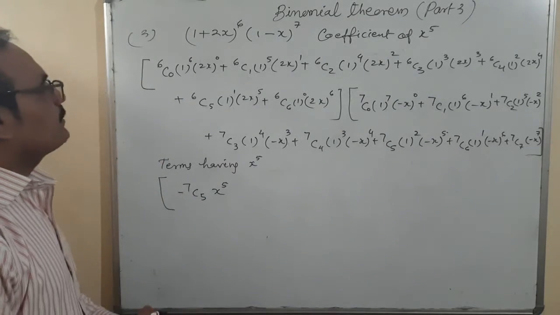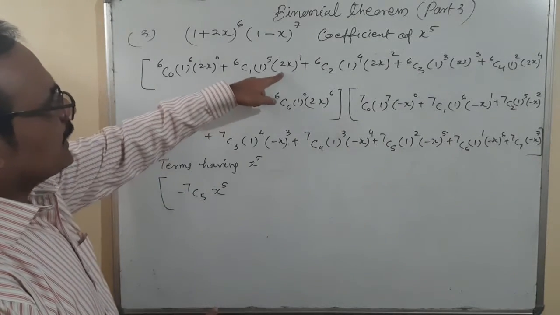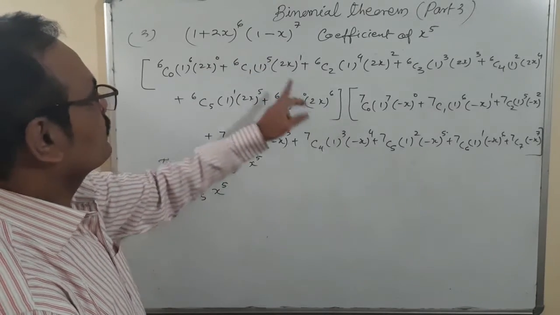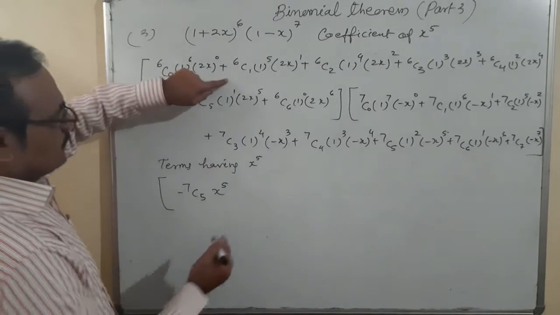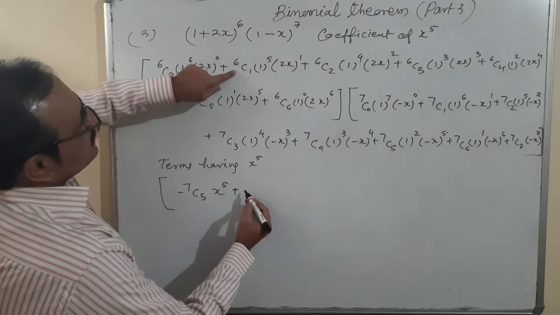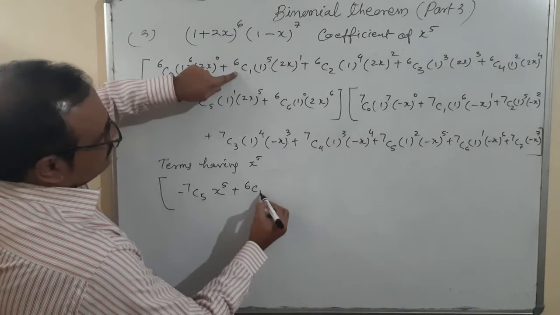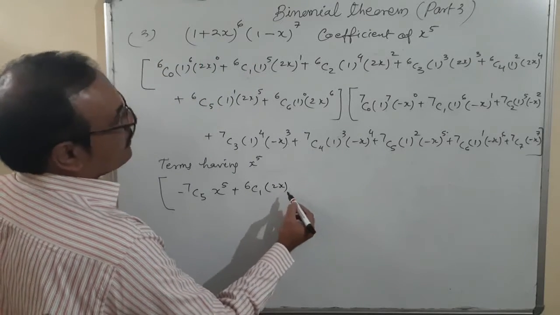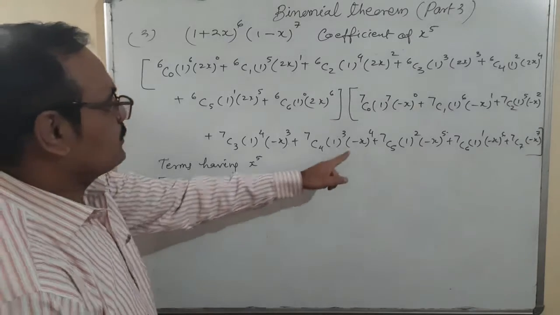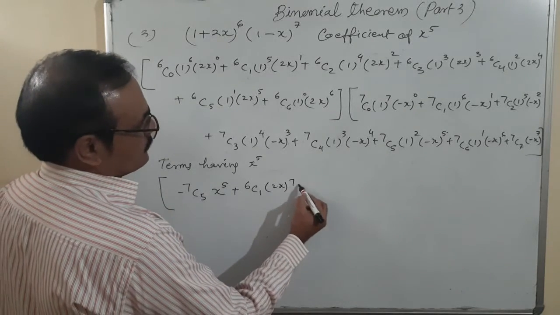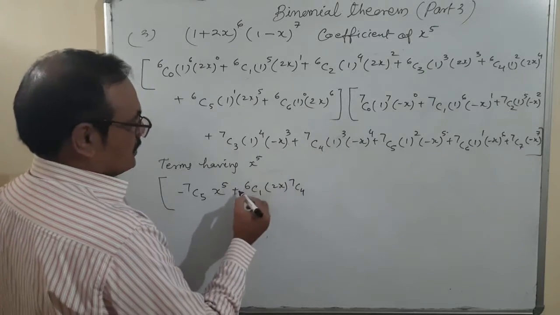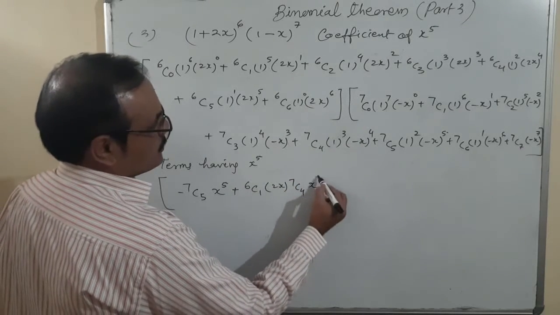Second term, when I multiply 2x to the power 1 with x to the power 4. Okay. So here when I multiply, then what is this? 6C1, 1 to the power 5, that is 1, 2x, and here it is x to the power 4, 7C4, 1 to the power 3, that is 1, minus outside, but it is positive, x to the power 4.